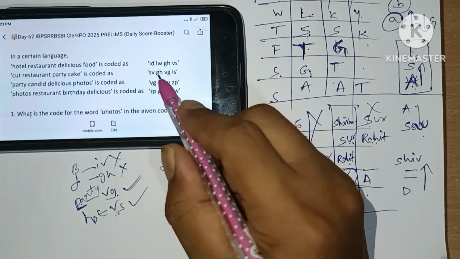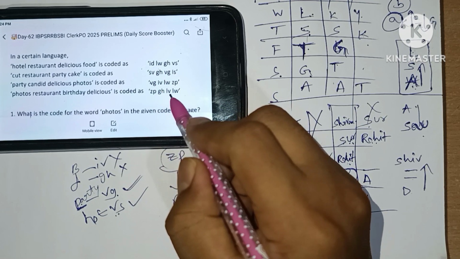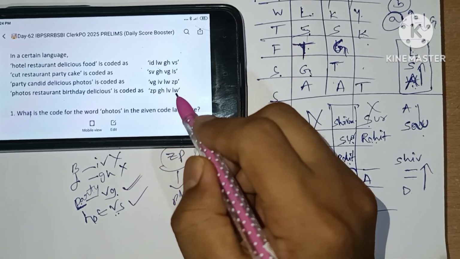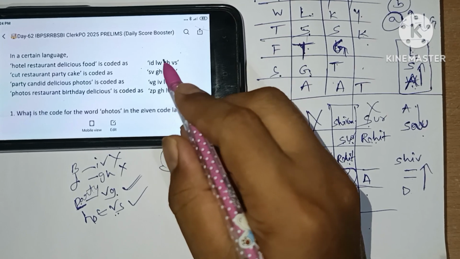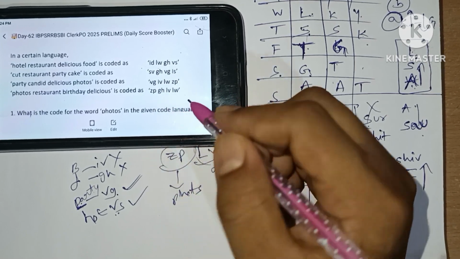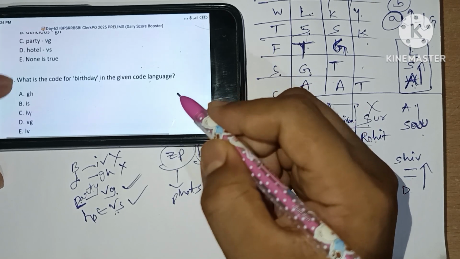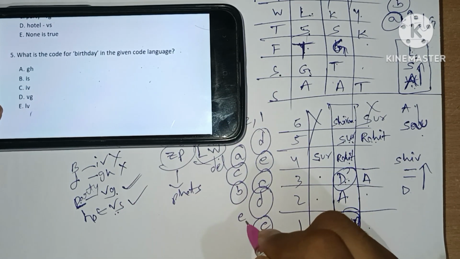LV is... we also see ZB, we also see LW, but we don't see LV in any other case. So the answer for birthday is LV. Option E is our answer.